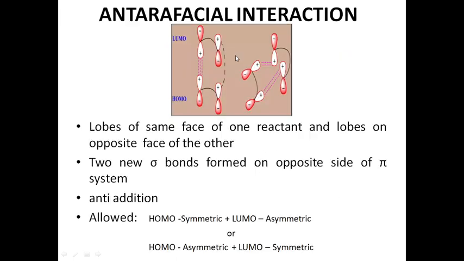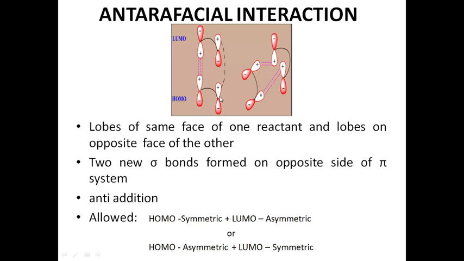Say we have another condition wherein one of the two is symmetric. Say HOMO is symmetric, LUMO is asymmetric, or HOMO is asymmetric and LUMO is symmetric, like the way it is shown in this figure. Okay, so here HOMO is symmetric, LUMO is asymmetric.